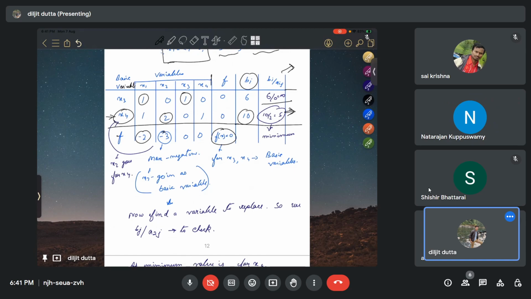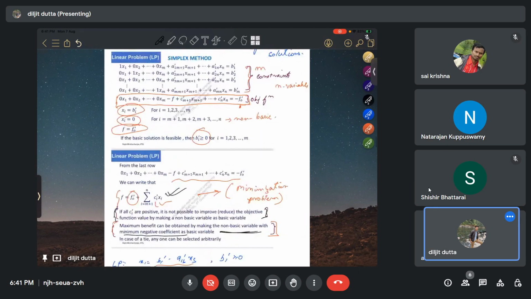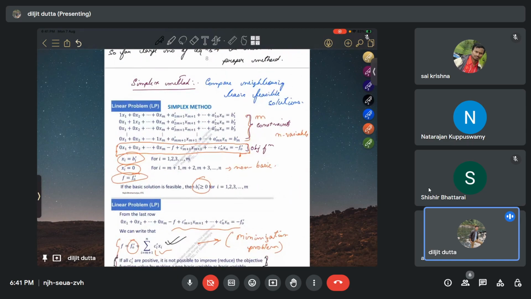Once x2 goes here, that means in this equation x2 is the basic variable, as I already told. These first two equations are equations for n variables, but we have only two variables here, x1 and x2. Before, x2 was not in the basic solution, so x2 could have any coefficient in both the equations.